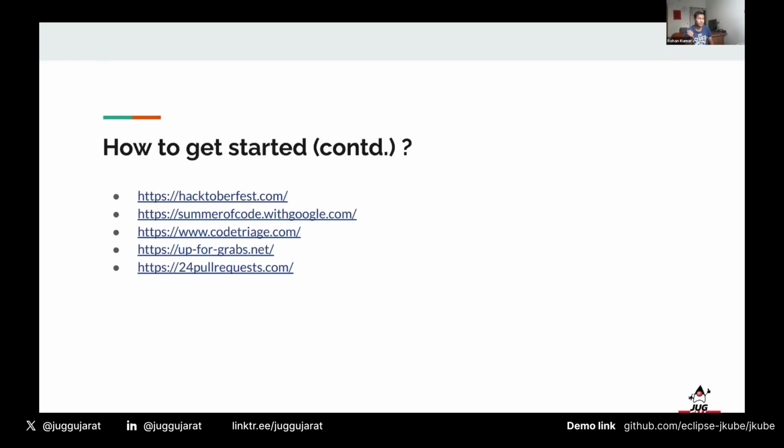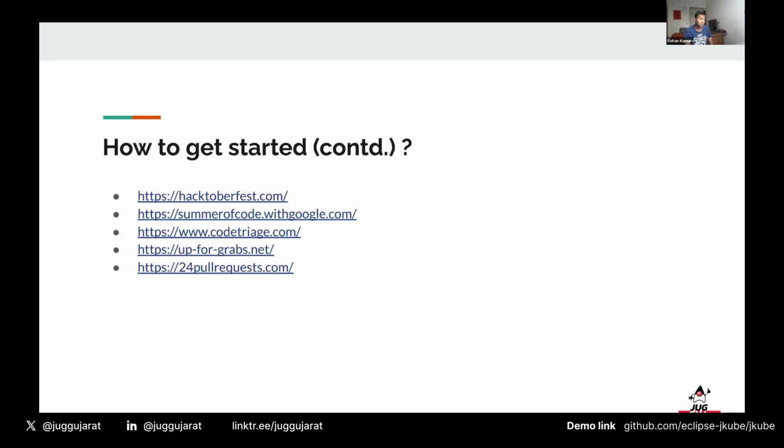Earlier, they used to provide a free T-shirt for contributing to open source, but due to that, they had a lot of backlash in 2020 because there were people who were creating spam pull requests to open source projects, and this wasn't liked by a lot of people in the open source community. So DigitalOcean worked on that, and they added some filtering labels so that you can mark the pull request as spam.